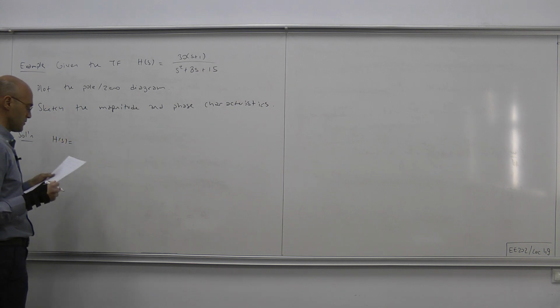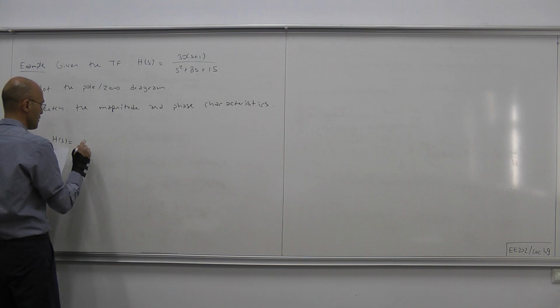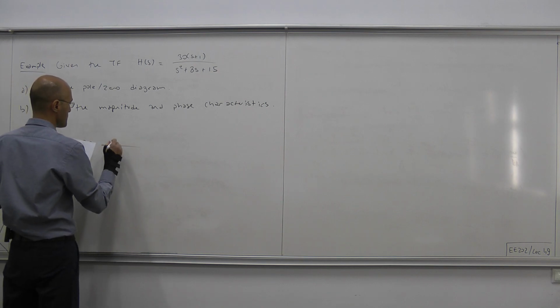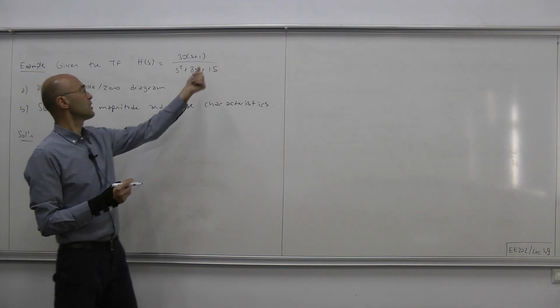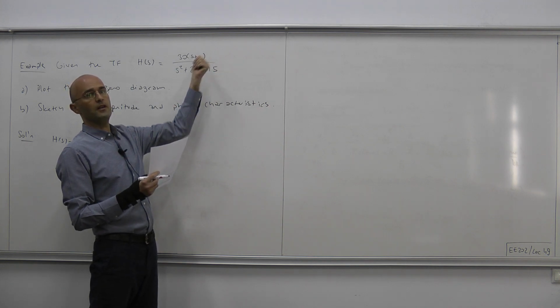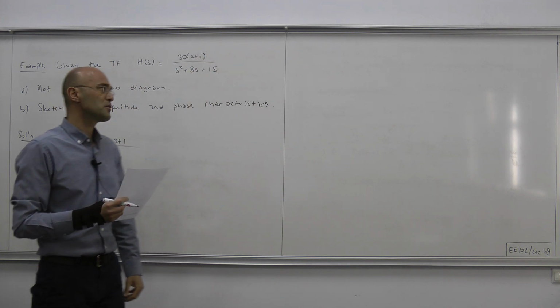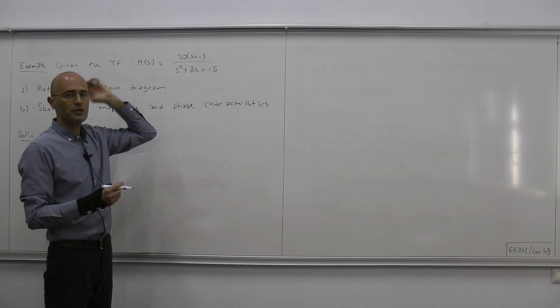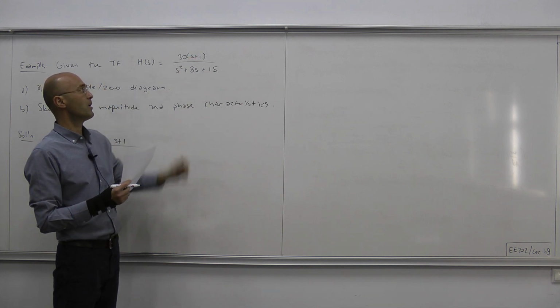H of s, the transfer function, equals 30 times (s plus 1) over the denominator. So the numerator polynomial is first order, so it's clear where the zero of the transfer function is. Okay, it's at -1.